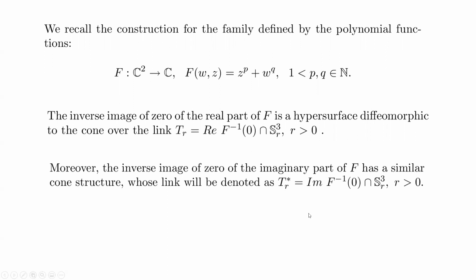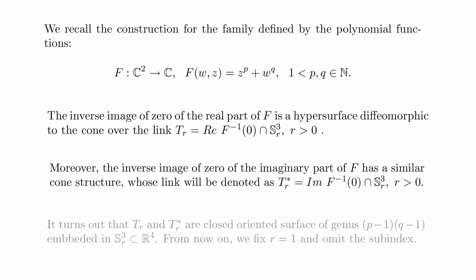You take the inverse image of 0, and in this case the only singularity you can see very easily is the origin. Outside the origin it is regular, and you have this intersection. This is the Milnor link, in this case, of this polynomial function. It turns out that these links are oriented surfaces of genus (P-1)(Q-1)/2.